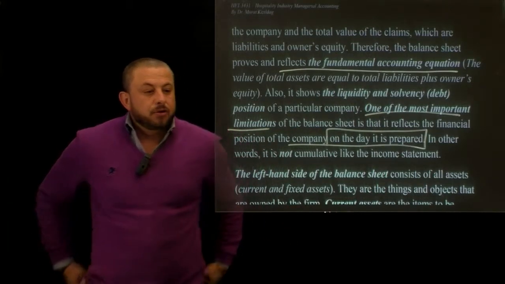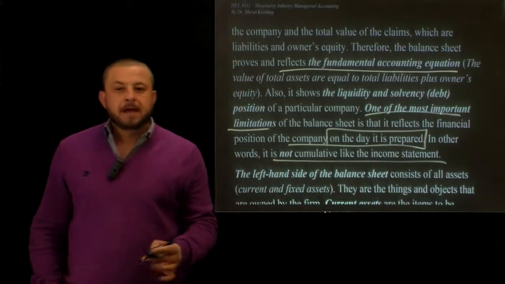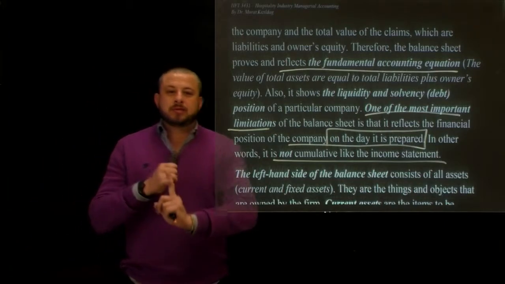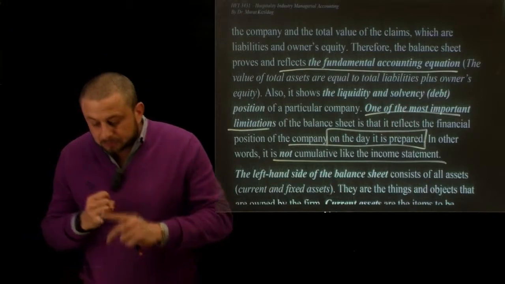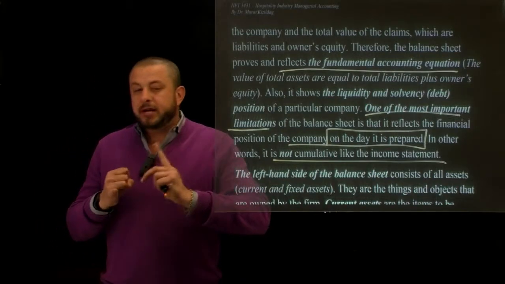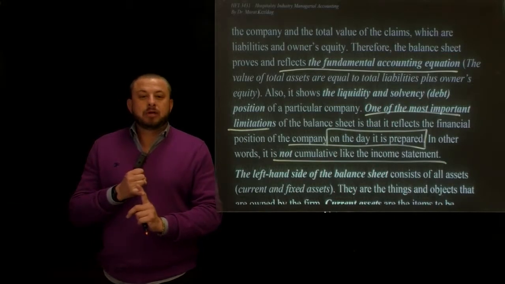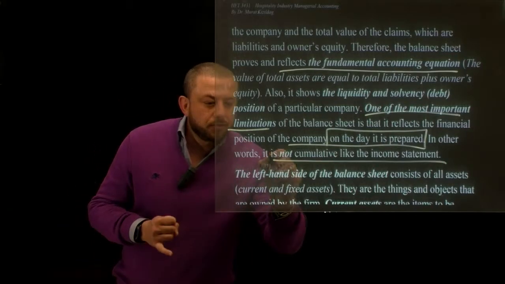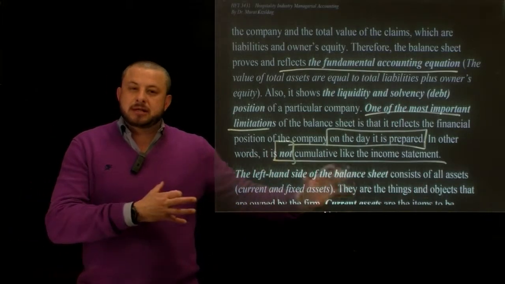So therefore, it is not cumulative like the income statement. We know that the balance sheet is not cumulative because it only shows the financial condition of the company in terms of the assets, liabilities, and equity on the day it is prepared. Therefore, it is not cumulative, just like the income statement.